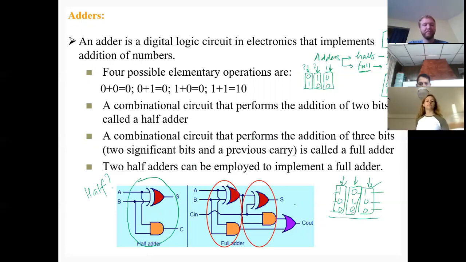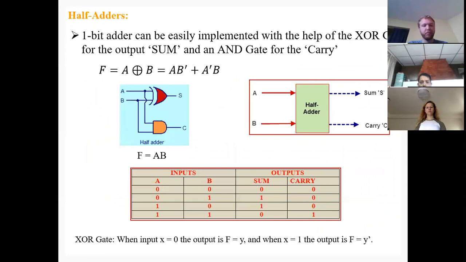This guy is a full adder because it has 2 half adders like this. Even though full adders can add just 3 bits, as opposed to 2 bits in the half adder, we call it a full adder because it has 2 half adders. That's the thing.